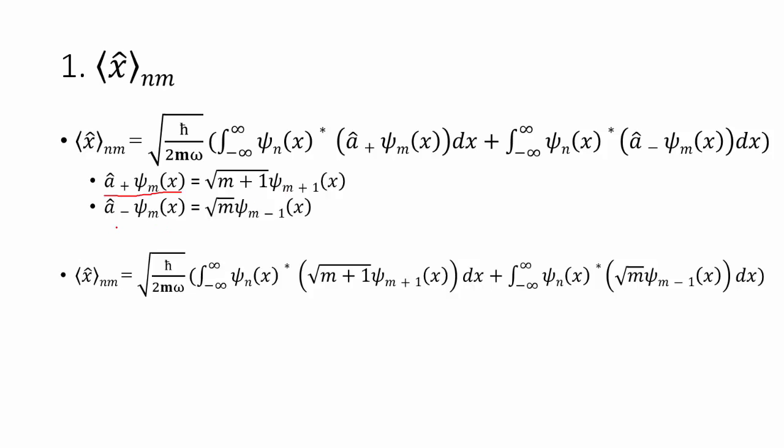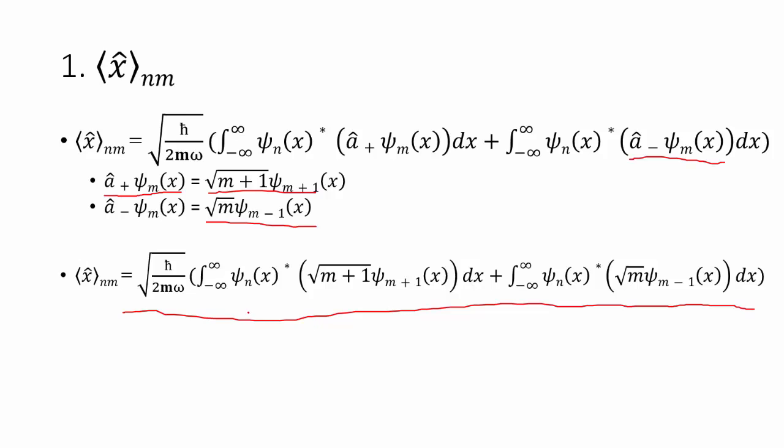And when the lowering operator operates on a function, we have the square root of n, or the original coefficient, times the function that's one level lower, which is psi n minus 1 in this case. And we can substitute those two results in place of a plus times psi n and a minus times psi n. And we have our new integral as that.